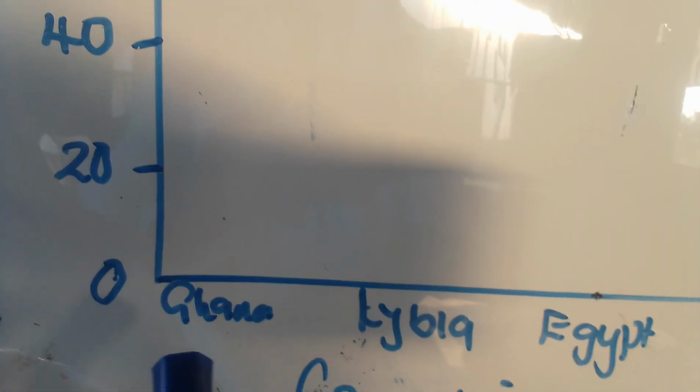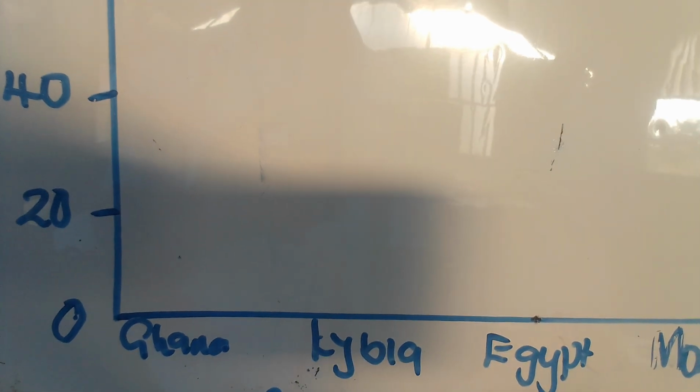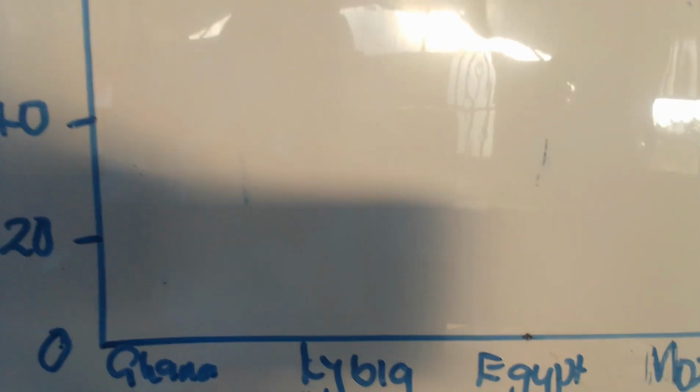Then the countries are below there. The countries are representing the independent variables, and the production is the dependent variable. So let me write it here that this is the dependent variable.